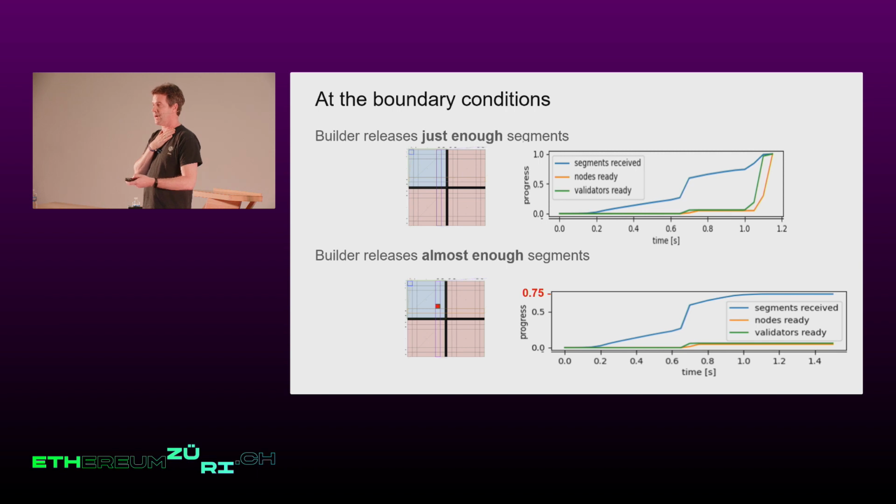What you see on the right side is validators, basically all of them, validating what's on the top in a second and something. Below, what you see is that validation progress is stuck at a low percentage. Obviously, no one has more than 75% of the segments, and this is what we wanted to achieve.